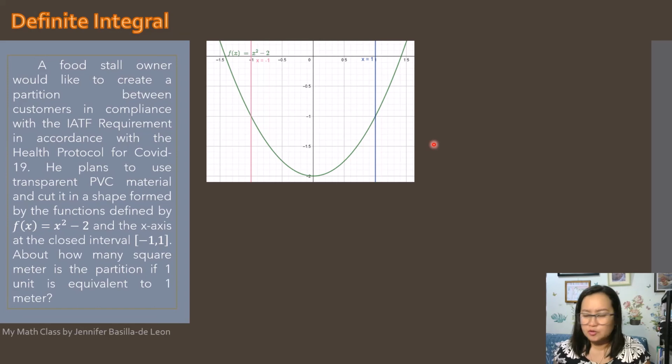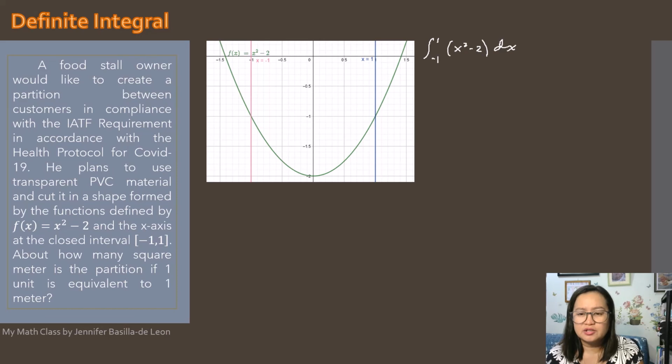Now we write the definite integral that will describe the situation. So the closed interval is from -1 to +1. And then the function is x squared minus 2.